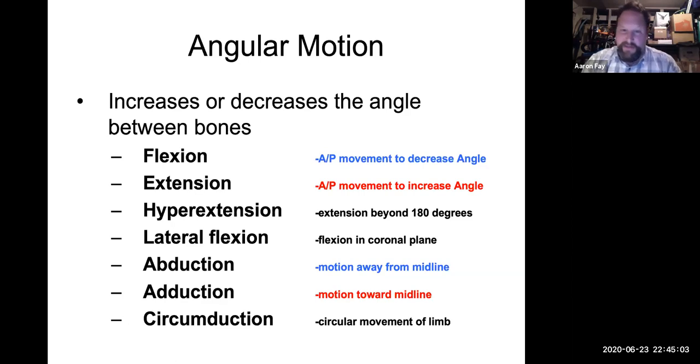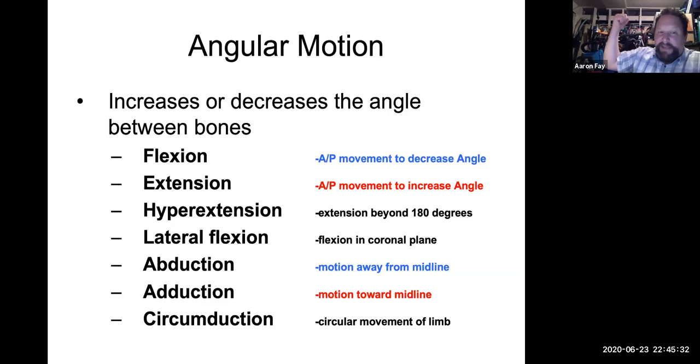The definition of flexion is a movement between two bones such that the angle between them decreases. So an example, this is 180 degrees between my humerus and my radius and ulna. Start, stop, that angle has decreased to 90 degrees.